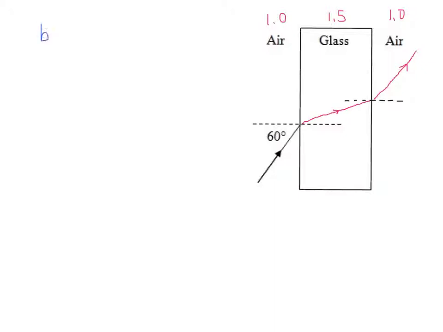For part B, what is the angle of refraction in the glass? So it's asking specifically for this angle inside the glass between the beam and the normal. So what is this angle right here? And to do that, we're going to use Snell's law, which was n1 sine of theta 1 is equal to n2 sine theta 2.